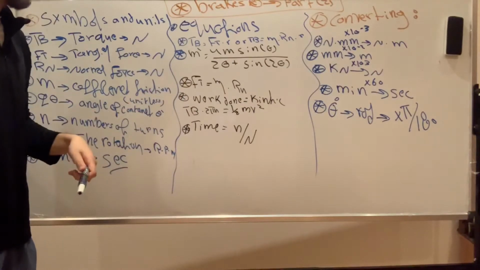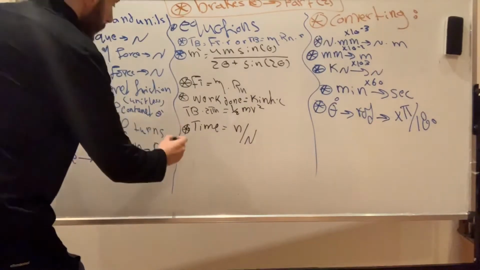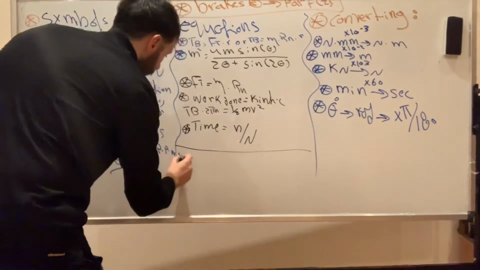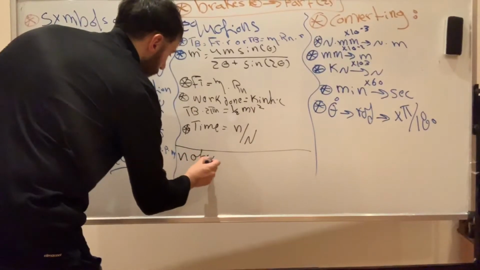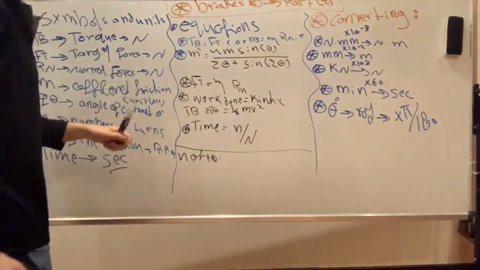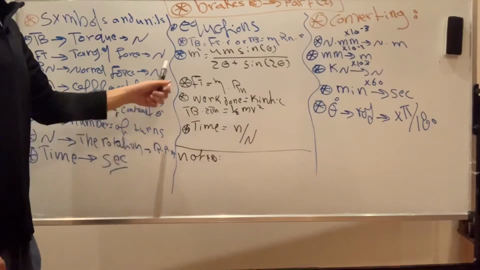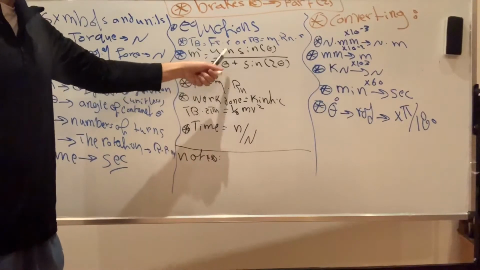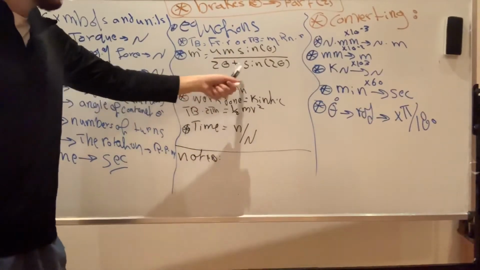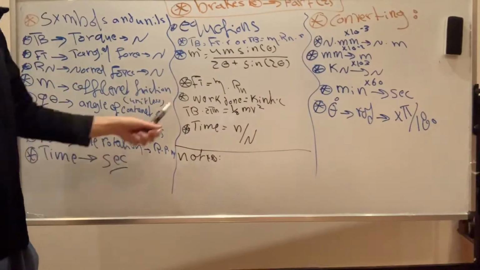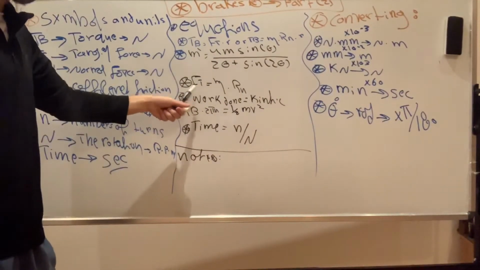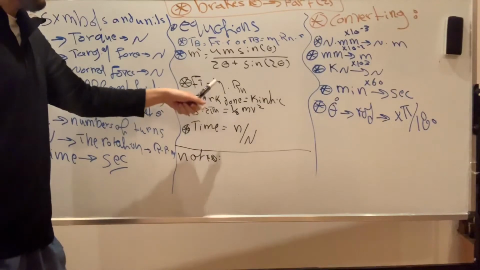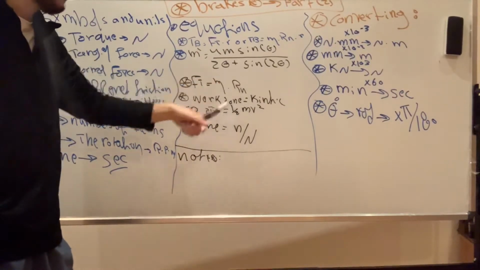The coefficient of friction, here, wait, I will write it now. Okay, here the modified coefficient of friction equals 4 m sine theta over 2 theta plus sine 2 theta.